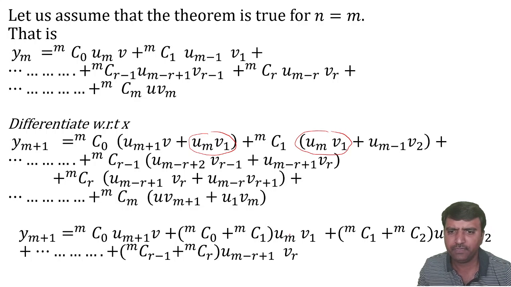You take u_m v1 as common factor, remaining here is mC0 plus mC1 into u_m v1. Similarly here you take u_(m-1) v2, this term, and u_(m-1) v2 next term. Actually I have not written this one because it is not possible to write all the steps. You can imagine what the next step is.